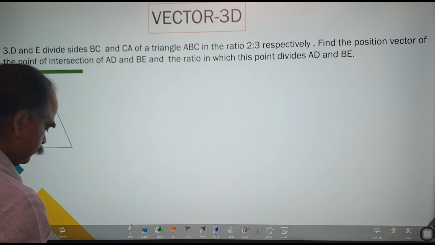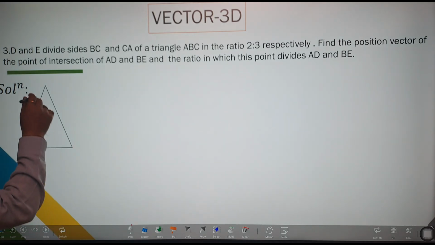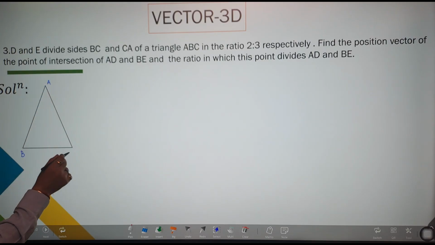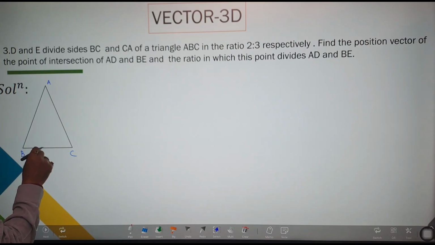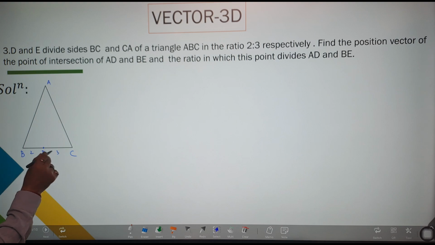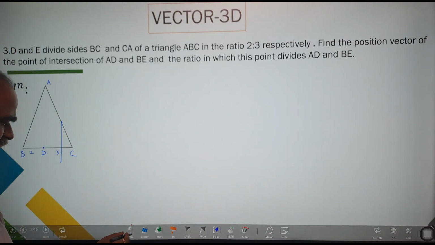Okay, this is triangle ABC. D and E divide BC in the ratio 2:3. D divides BC in the ratio 2:3 and E divides CA. E will be somewhere here.